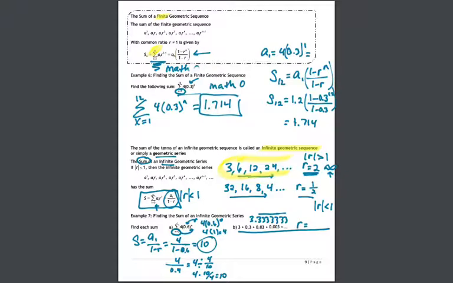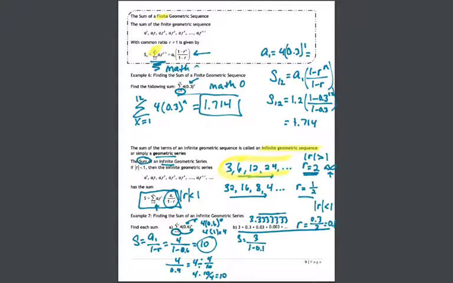My R value, if I'm not sure, I can do the 0.3 divided by 3 is just 0.1. And then you're going to use your formula. So S equals my first term, which is 3, over 1 minus 0.1.